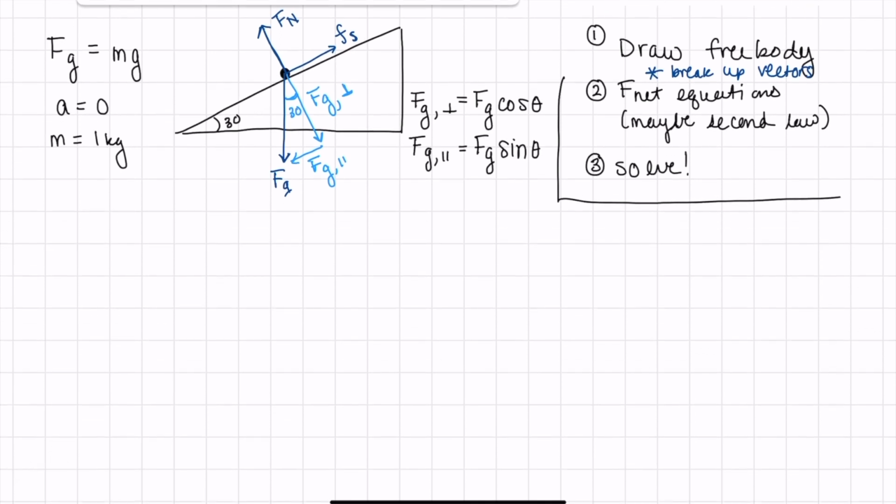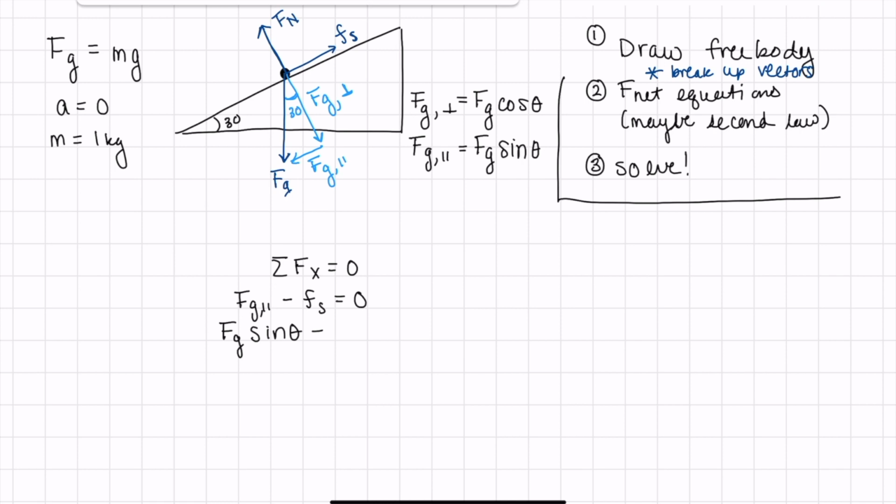I'm going to first set up the x equation. So the sum of forces in the x equals 0. Since our a is 0, I'm choosing downward to be positive, so we're going to do Fg parallel minus friction equals 0. Fg parallel is Fg sine theta.